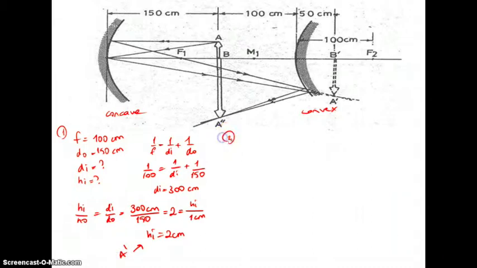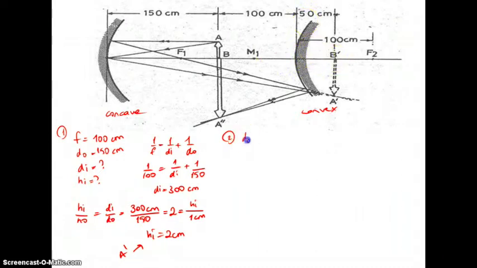For the second part of this question, let's think about the second mirror. What happens when the light rays reflect from the convex mirror? In this case, image A prime acts as the object for this convex mirror, and it is 50 centimeters away from the convex mirror. Since this distance is 300 centimeters, and since this is 250 centimeters, we know that this distance is 50 centimeters.